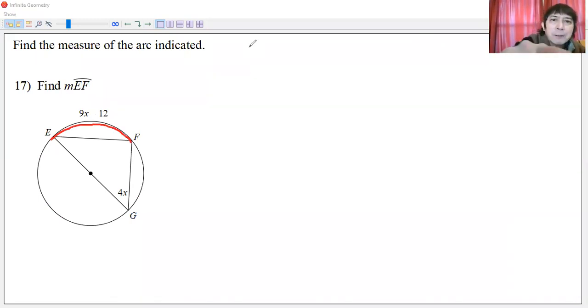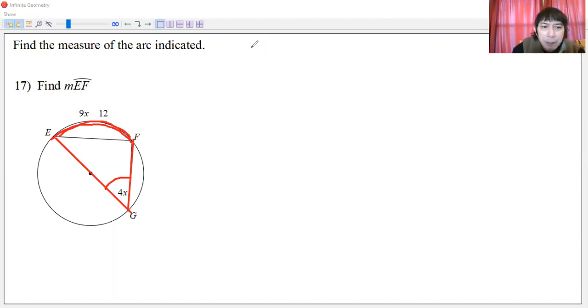Now we have the inscribed angle over here. We shall use straight lines. This and this forms the inscribed angle, which is the 4x. This is the subtended arc by the angle at point G, the inscribed angle, which is expressed 4x. The relationship goes like this.